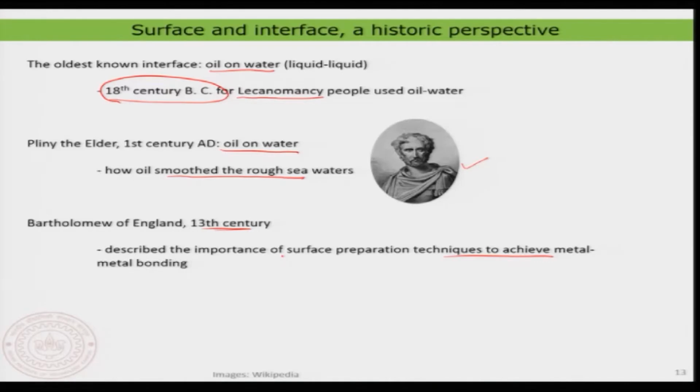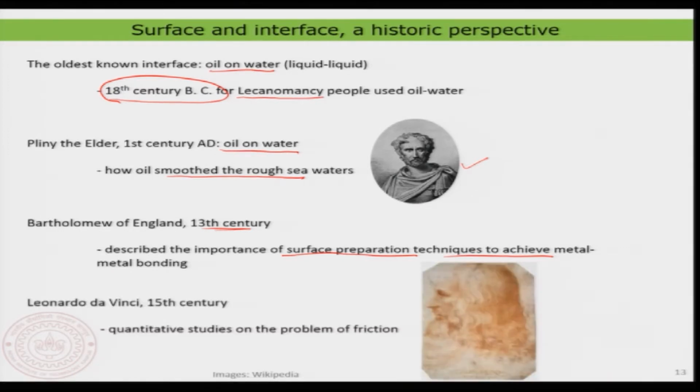Technically speaking, this was the first interface formation, where people were really trying to understand the importance of surface preparation in making different types of metal interfaces. This was quite important at that point of time in making tools and devices and things like that. We could call this an important point in surface science, because people started doing it.